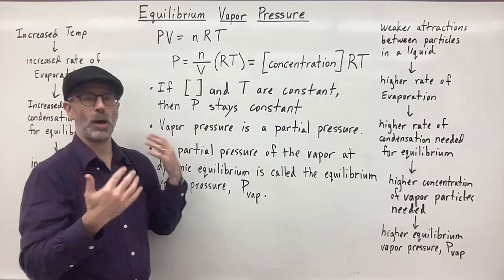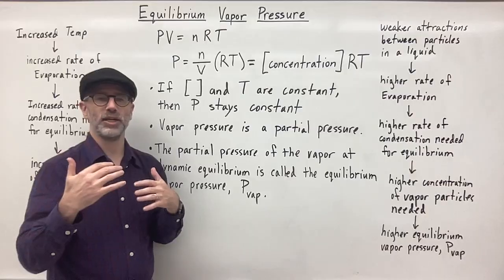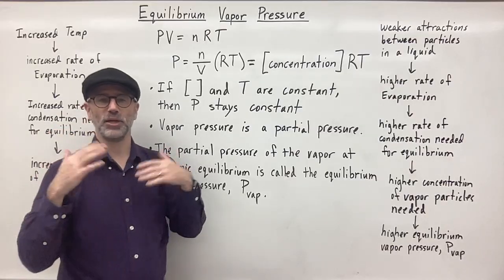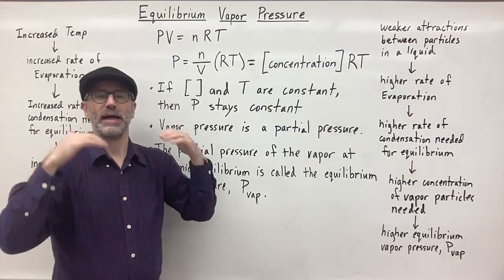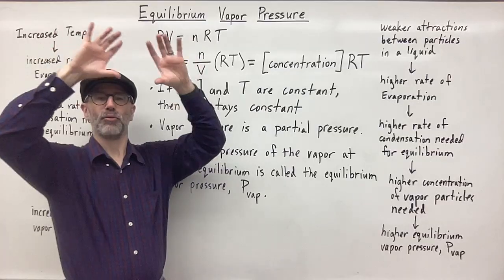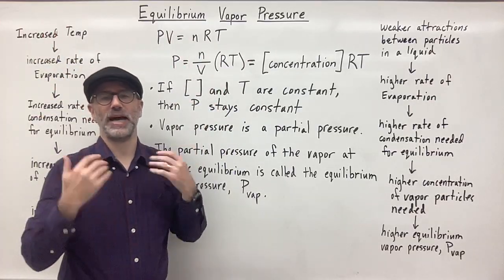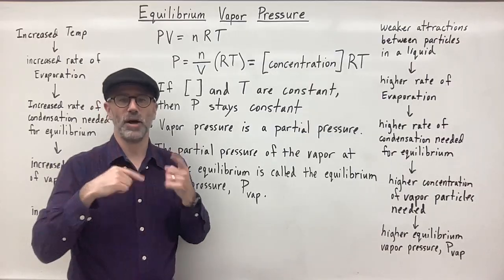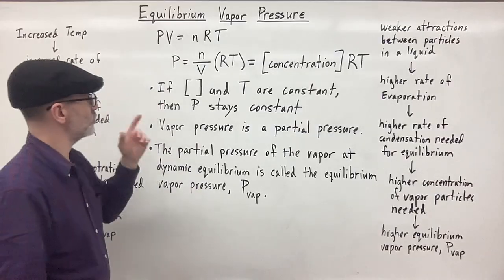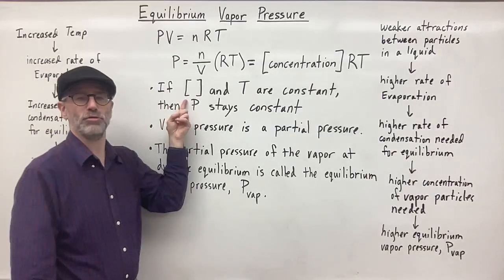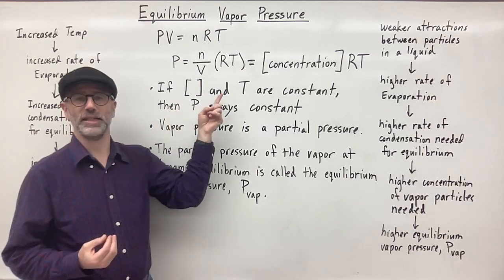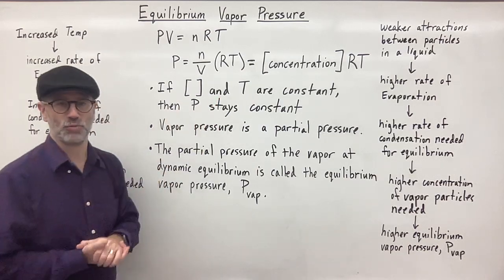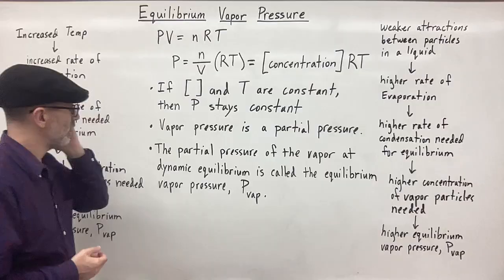So at some point, you're going to reach equilibrium, that dynamic equilibrium we just talked about. At that point, you have a pressure due to the vapor that's above the liquid in the container. So as long as you keep the concentration and the temperature constant, then that pressure will also be constant.